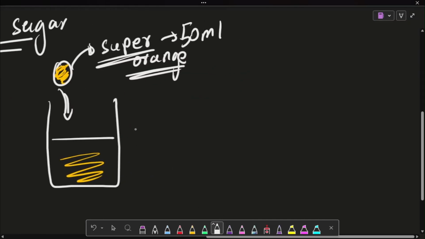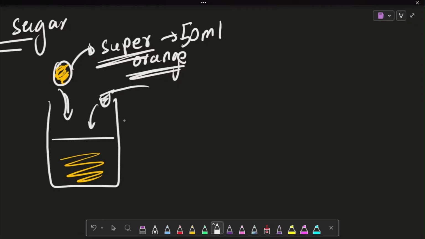But then when you put 1 spoon of sugar in it, it wasn't balanced yet. It wasn't neutralized completely, so you put 2 spoons of sugar.